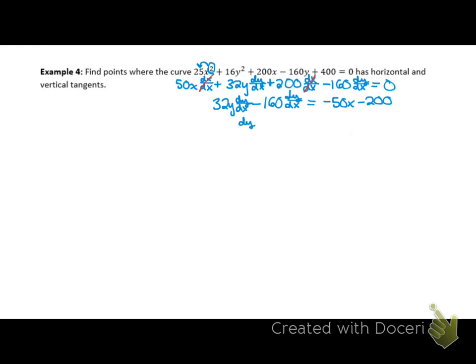We get dy/dx times 32y minus 160 equal to negative 50x minus 200. And if I want to get dy/dx by itself, I divide. So dy/dx ends up equaling negative 50x minus 200 over 32y minus 160.